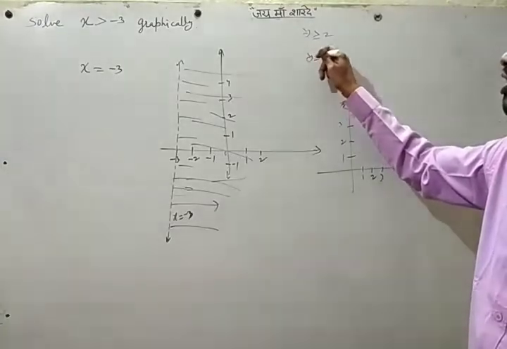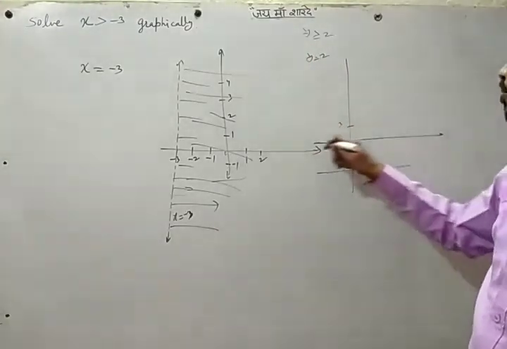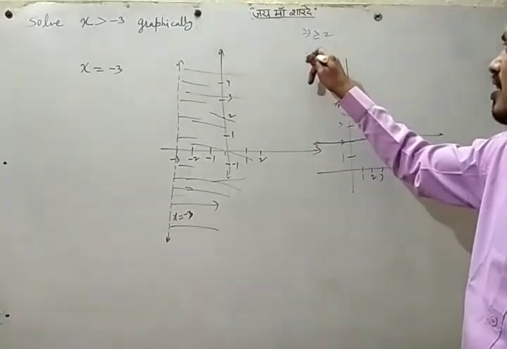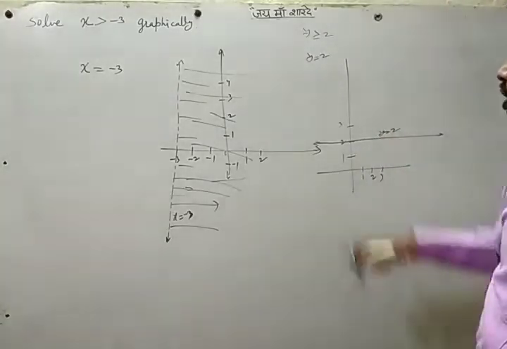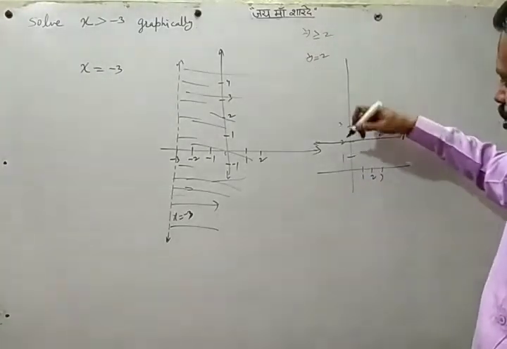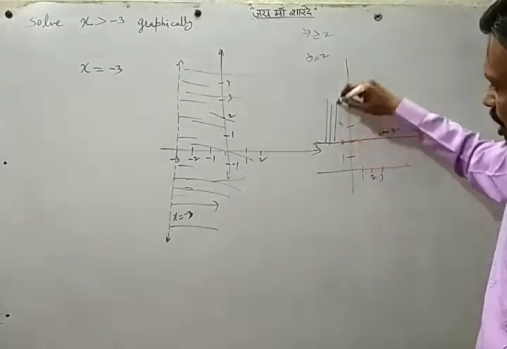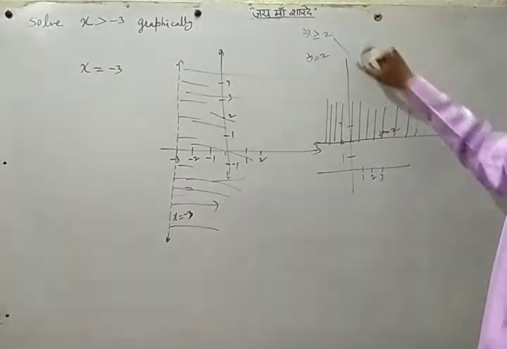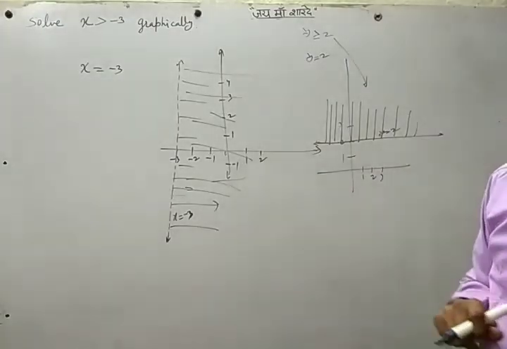Its equation will be y equal to 2, the line parallel to the x-axis at a distance of 2 units from the x-axis. So this is our y equal to 2. Now y more than 2, so all the points above this will be more than 2. This portion will be the solution of this inequation, y more than or equal to 2. Equal to is there, so this line is also included.